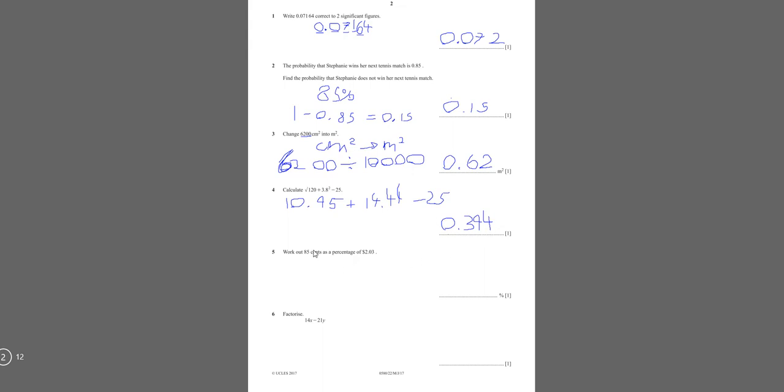Question 5. Work out 85 cents as a percentage of $2.03. So to resolve this, we have to do percentage calculations. So we can divide 0.85 by 2.03, and then multiply that by 100.